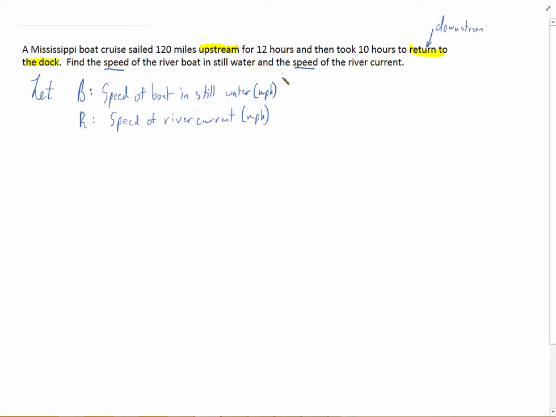So one thing that we need to know here that maybe you haven't seen before is that if it is upstream, the boat is working against the current. Whereas downstream, the boat is working with the current.